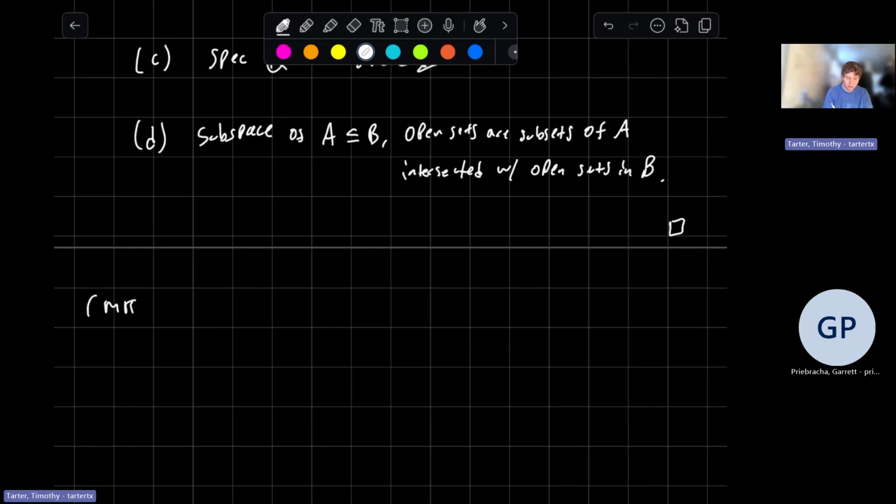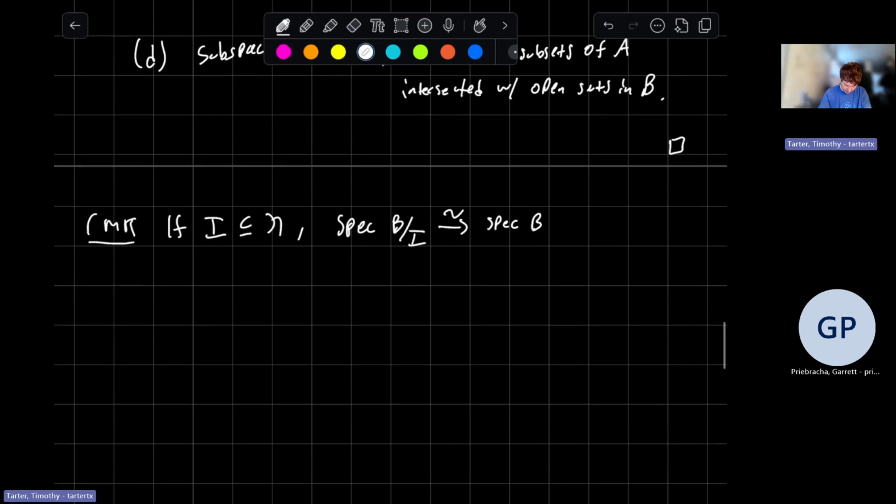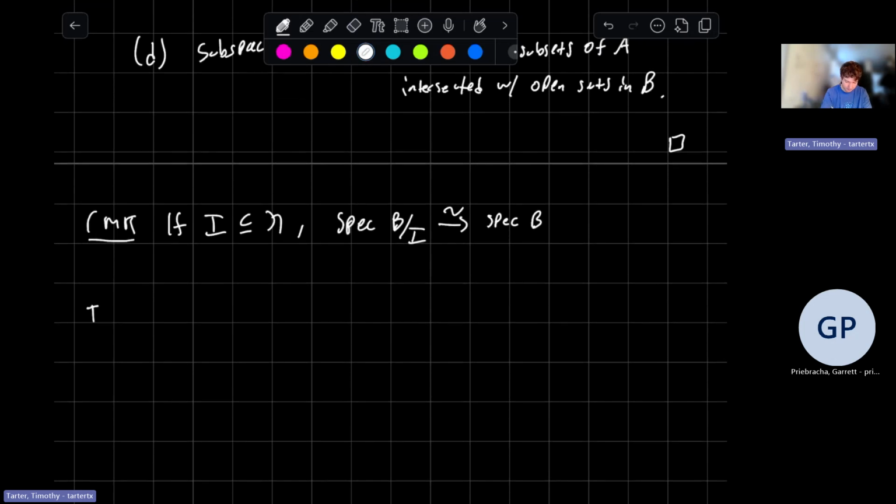Remark: if I is contained in the nilradical, then spec B mod I to spec B is a homeomorphism. Useful exercise for later.